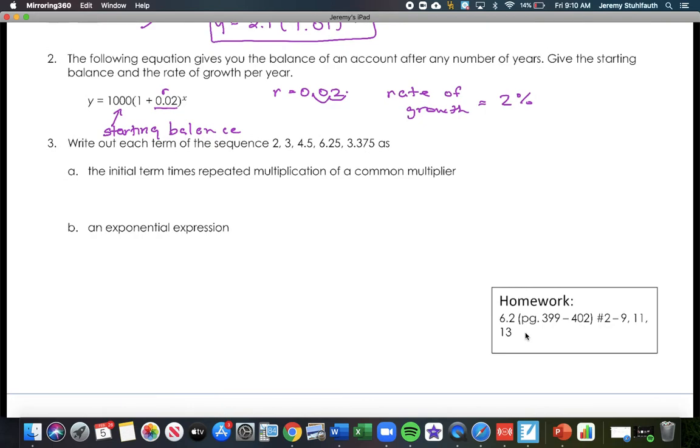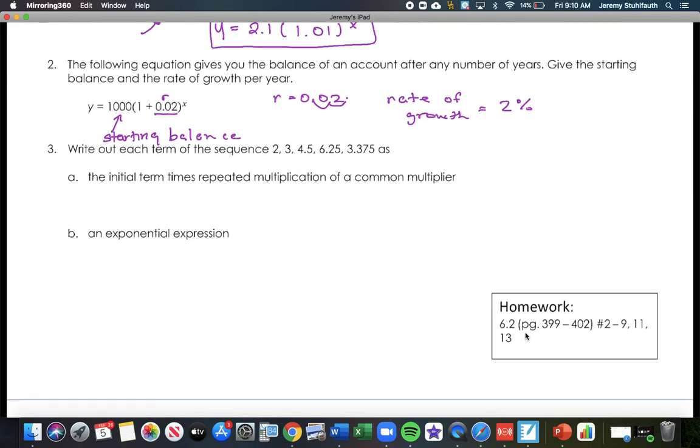In step 3, it says write out each term of the sequence 2, 3, 4.5, 6.75, 10.125 as the initial term repeated multiplication of a constant multiplier. So what we would need to do is figure out what our constant multiplier is. To figure out our constant multiplier, we would need to take any two terms.